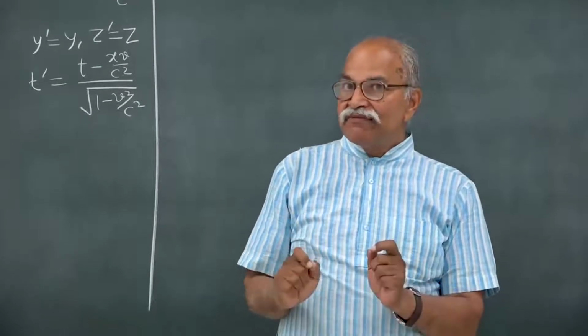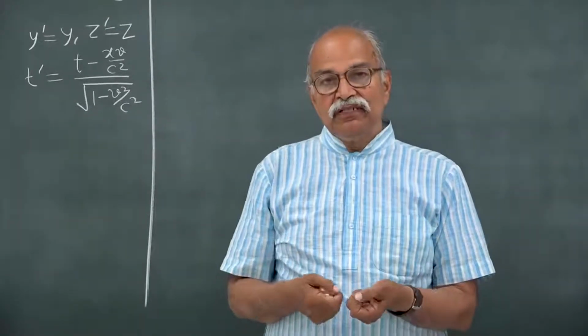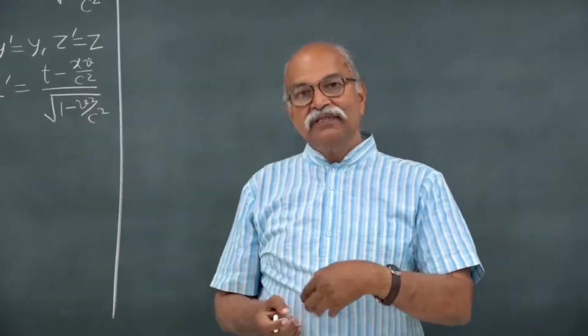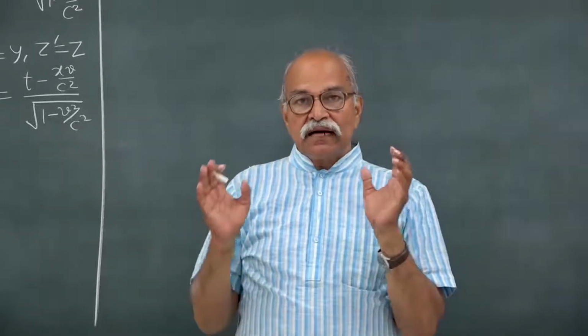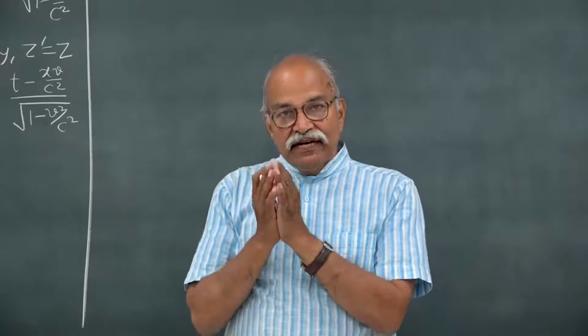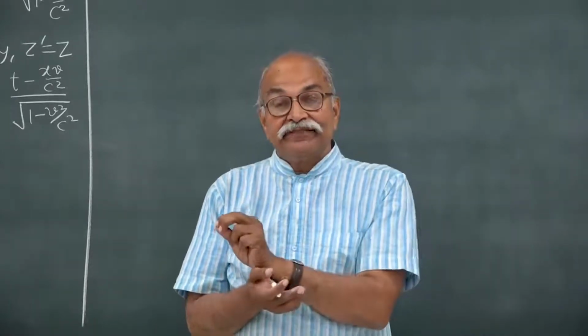So, there are two events E1 and E2. How much is the time interval using the clocks of one frame and using the clocks of the other frame? We will start with a frame in which the two events are taking place at the same position.